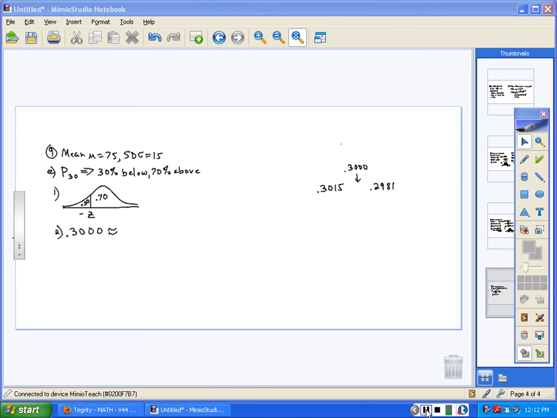So we want to pick the one that is the closest, and 3,015 differs by 15, and 2981 differs by 19. So we're going to pick the one that is the closest, which is 3,015.